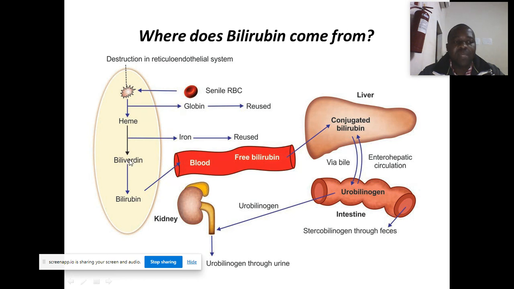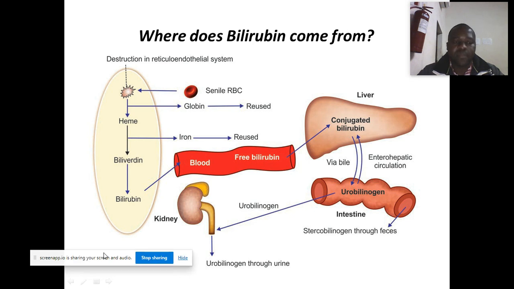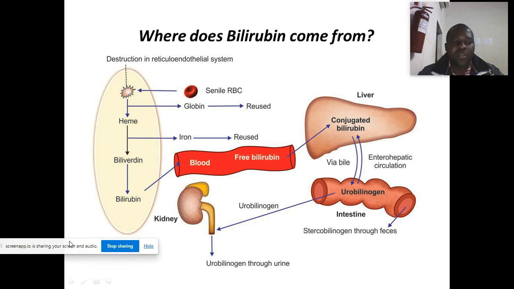But in human beings, most of the biliverdin is converted to a yellow pigment called bilirubin. So bilirubin and biliverdin together are called bile pigments, and they make up the components of bile.